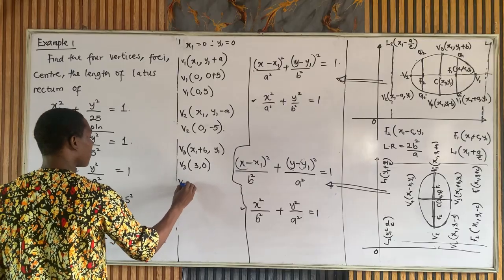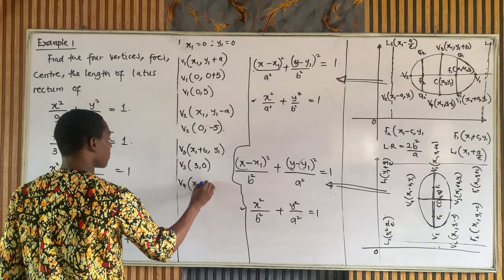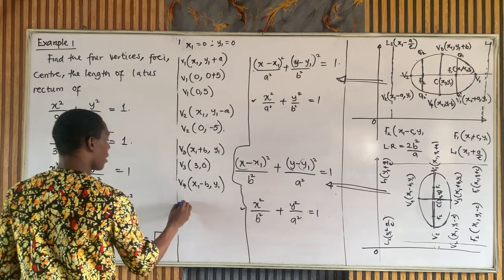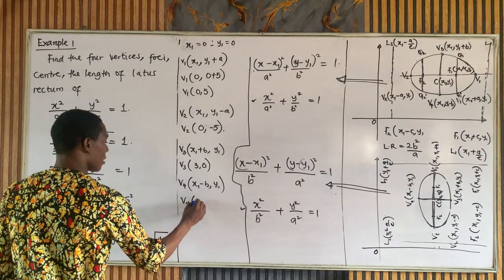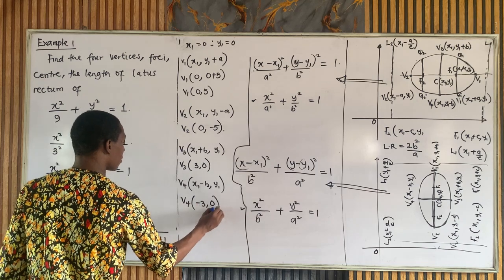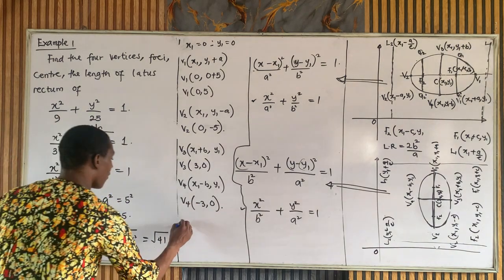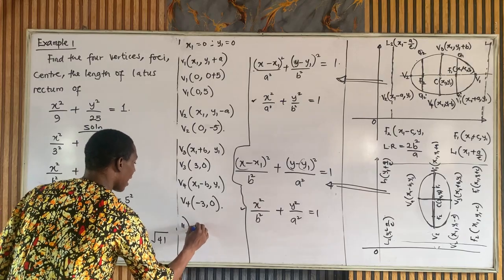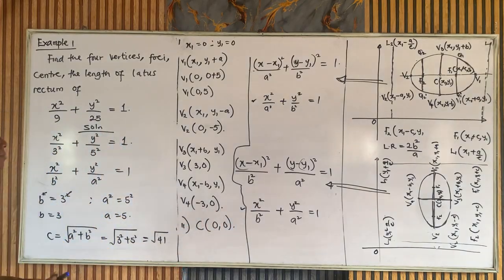And obviously V4 is x1 minus b, comma y1, which will simply be minus 3, comma 0. So we are done with all our vertices. Next is the center, obviously number 2. The center is 0, comma 0. We are done with this.